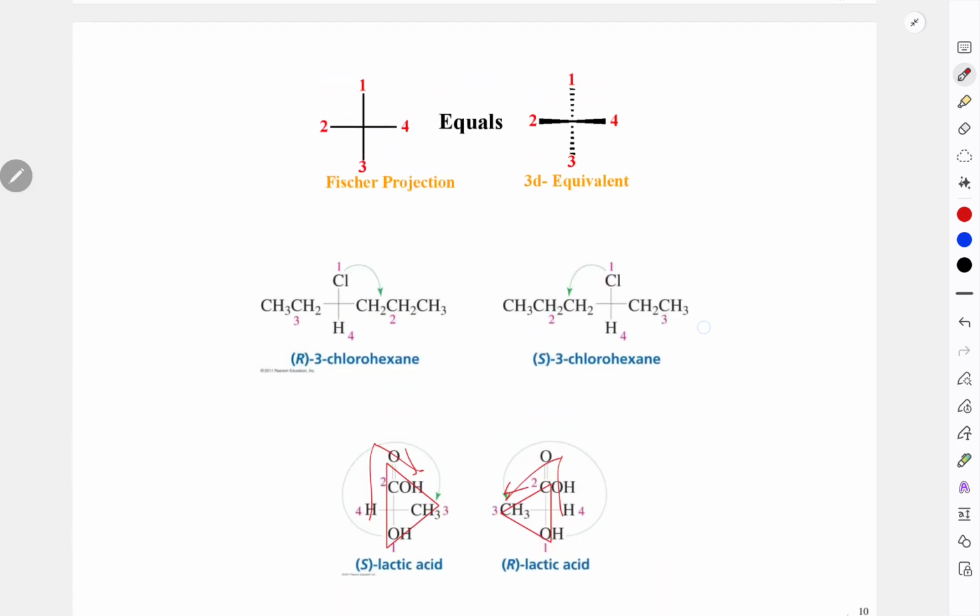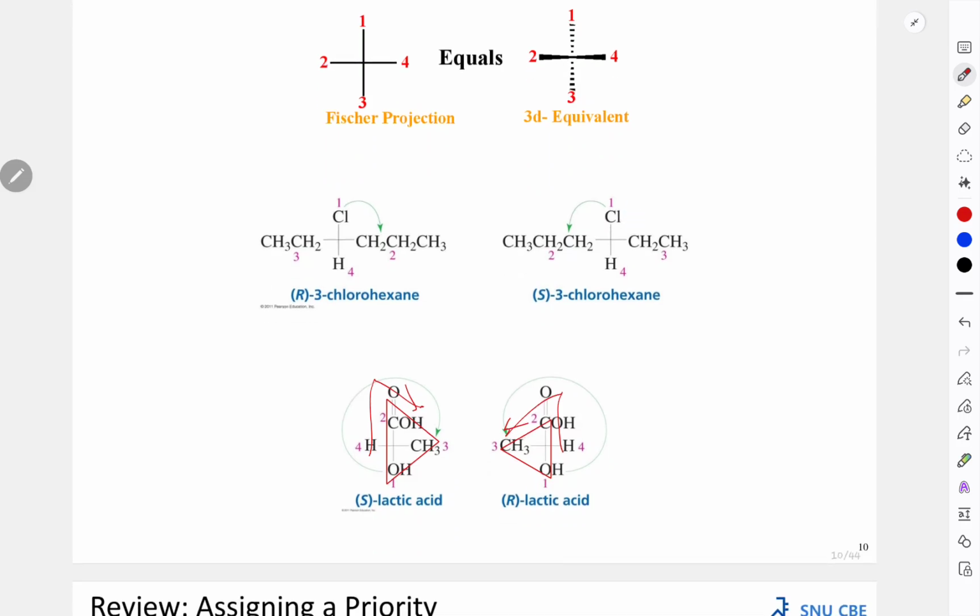Right, and we also discussed the Fisher projections, and you may find this cross type representation. This is called the Fisher projection we discussed last time, and this illustrates these three equivalent presentations. So 2 and 4 in the horizontal location, these are protruding towards yourself, the viewer, out of the plane, whereas 1 and 3 are going inside of the plane.